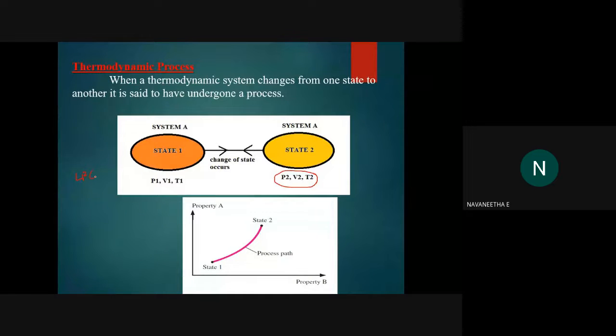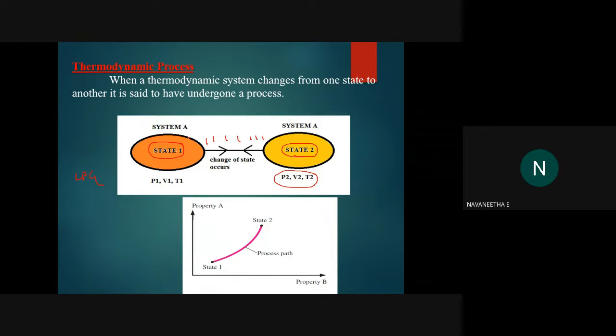If the first state is state 1 and the final state is state 2, there are a lot of intermediate states that the system A undergoes.